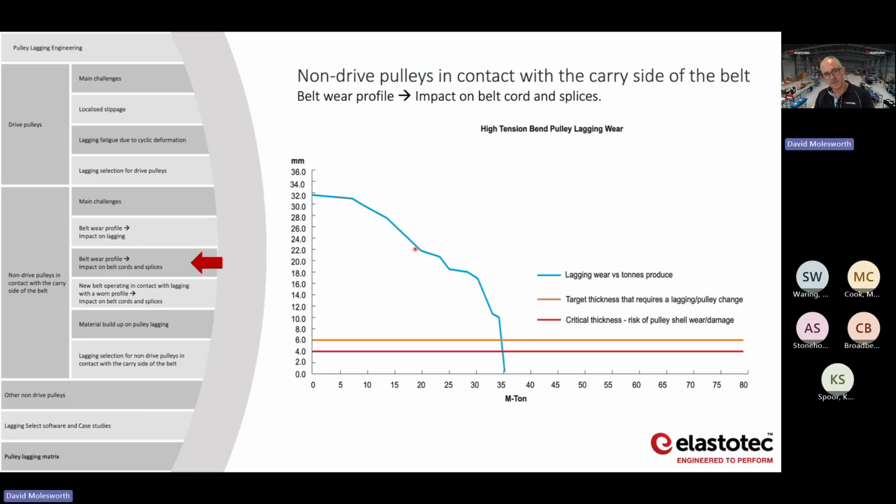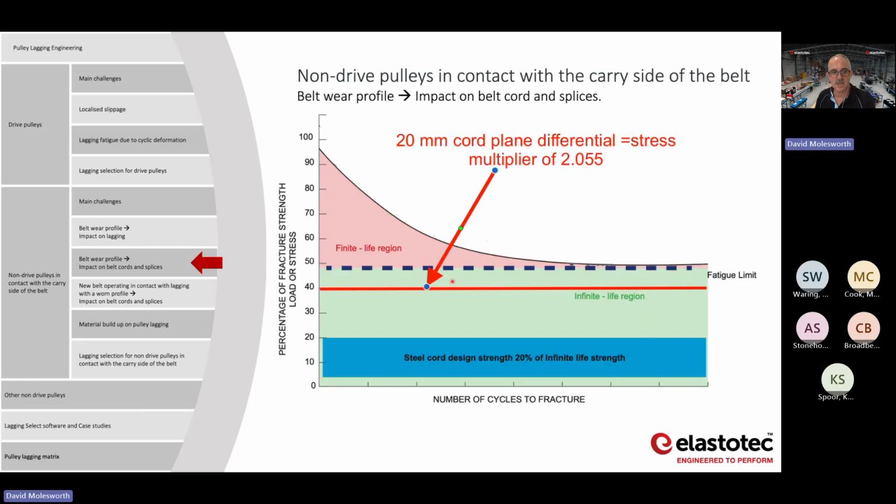You can see when the mine continues to operate, the belt and the lagging wear increases and the belt wear is increasing at the same time, it's not going to take much before you've moved into the finite life region for the chords. And this is all theory, but that's what we think is causing the damage to the chords in the splices and the belt, where it lines up with the edge of the wear profile.